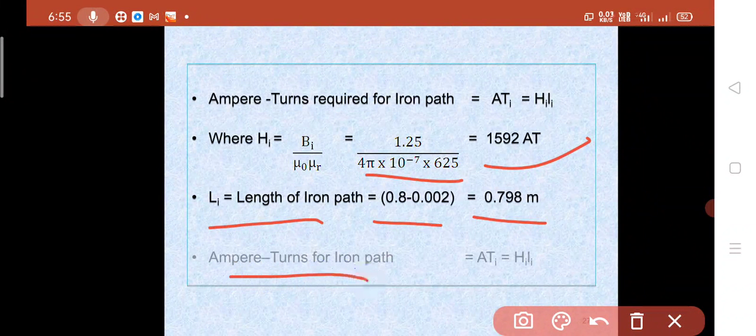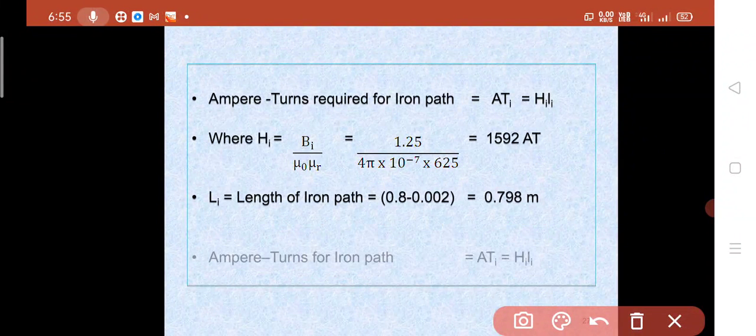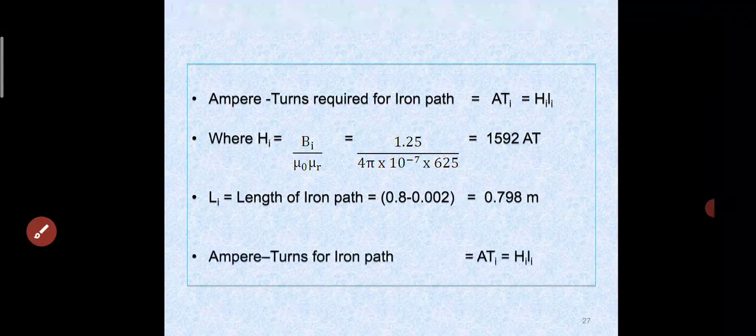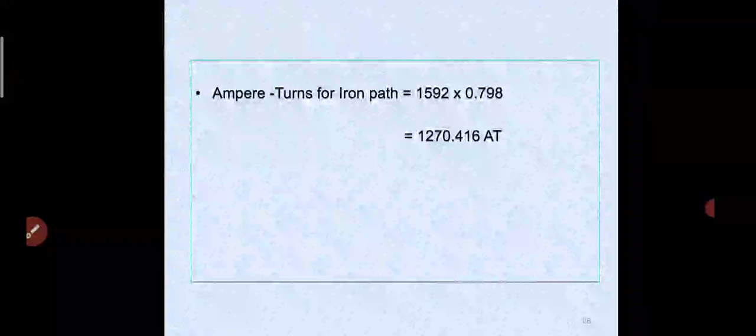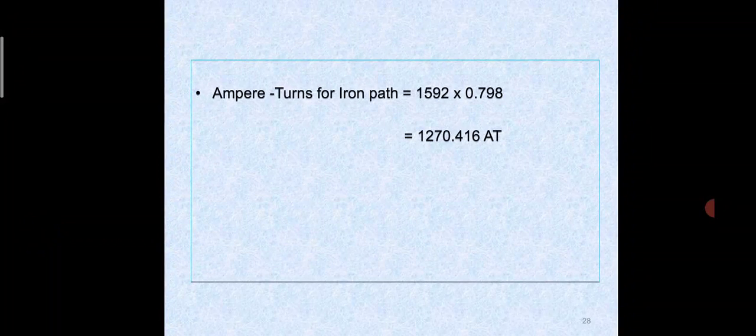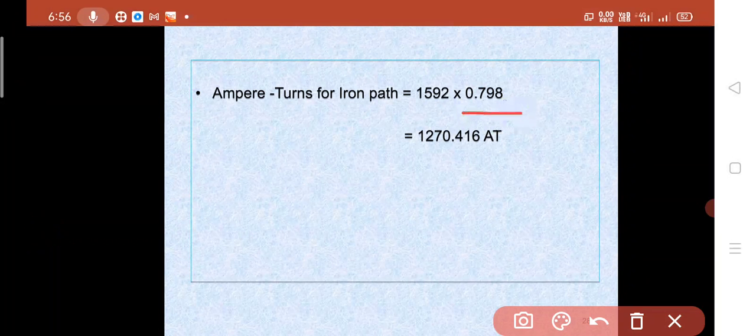Ampere turns for the iron path ATi is equal to Hi Li. So 1592 into 0.798. The total ampere turns for the iron path is 1270.416 ampere turns.